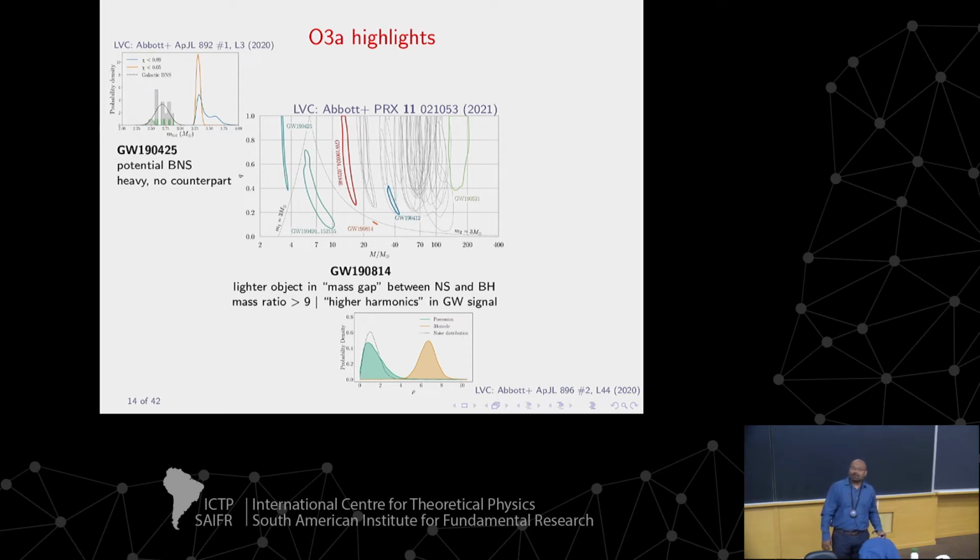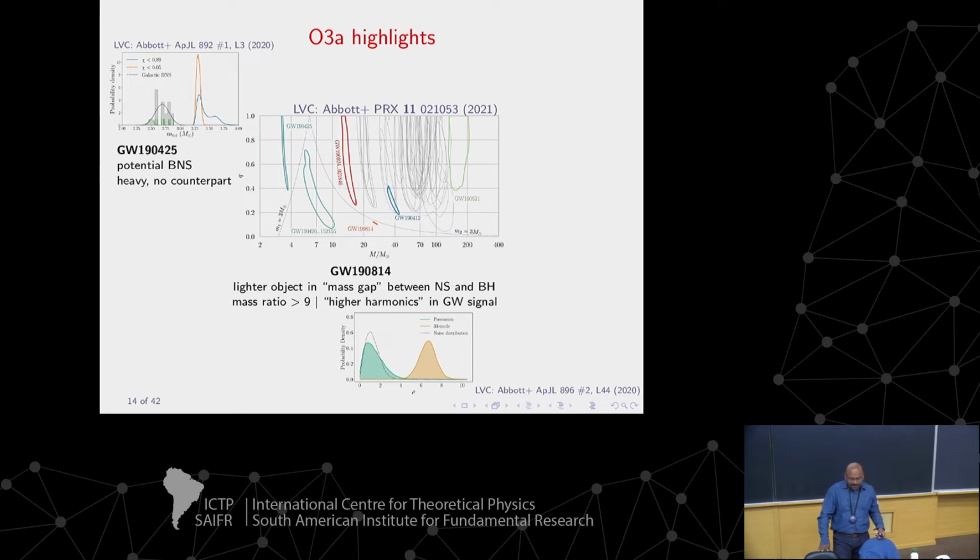And with these high mass ratios, as we also heard yesterday, we can infer higher modes in the gravitational wave signal. And for this particular system, we had a clear identification of the 3-3 mode in the gravitational wave signal.